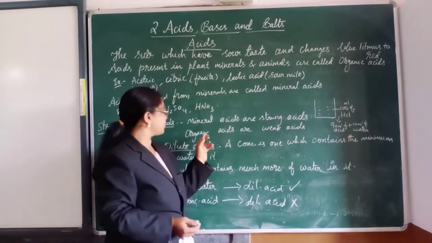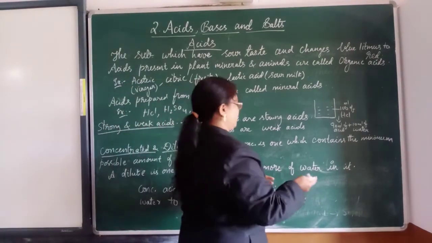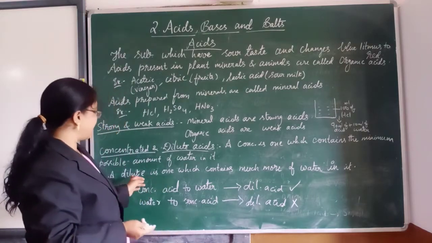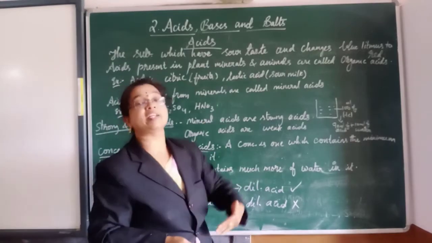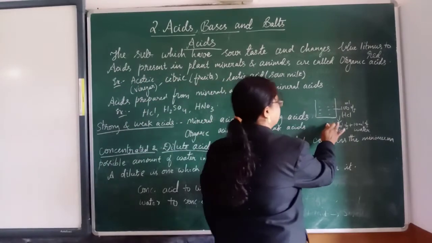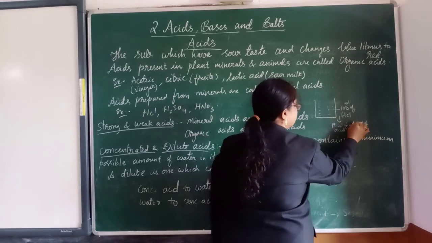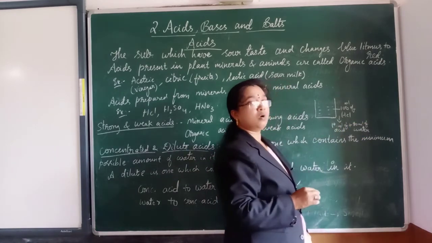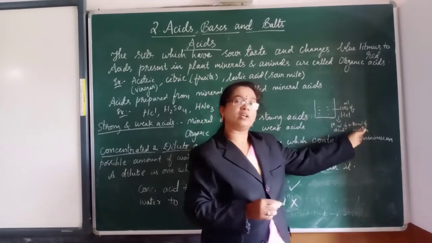Okay, then what do you mean by dilute acids? See here, dilute acid definition. A dilute acid is one which contains much more water in it. Means here it is the opposite. For example, 10 ml acid is present and 90 ml water is present.